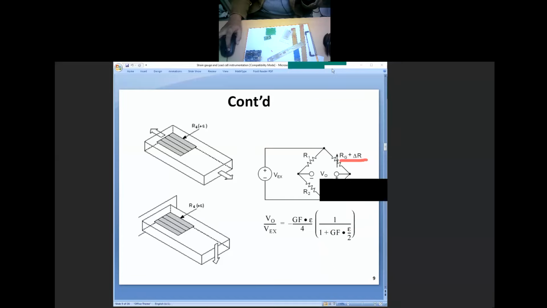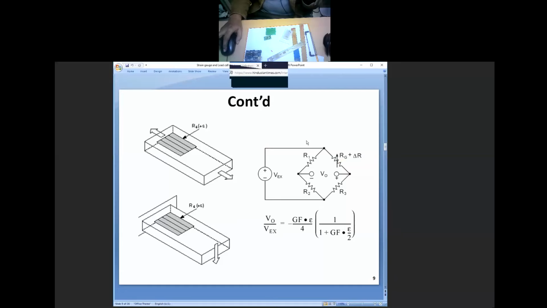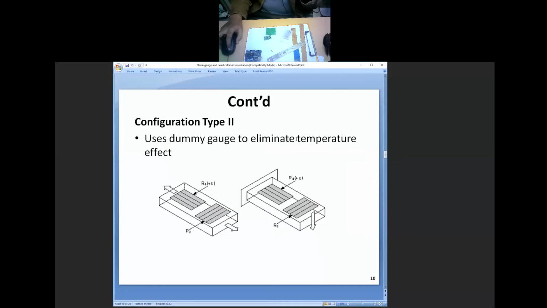Next comes a problem called the temperature effect. Can you tell me why temperature comes into the picture? You may type why temperature is important. Because as you know, resistance is a function of temperature.